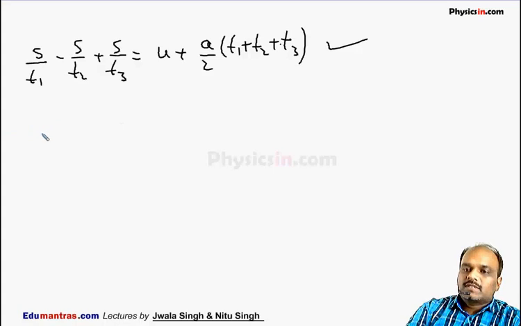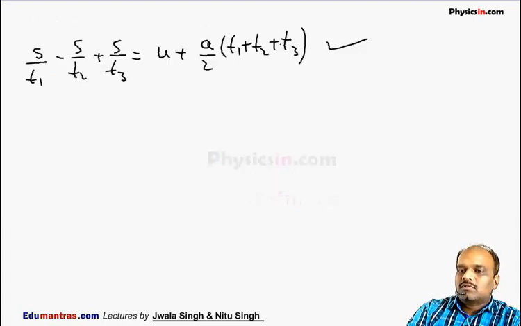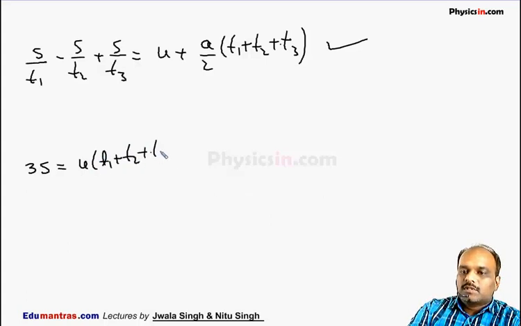So from here, if I consider the whole distance from start to end, the total distance traveled by the particle is 3s, and the total time is t1 plus t2 plus t3.